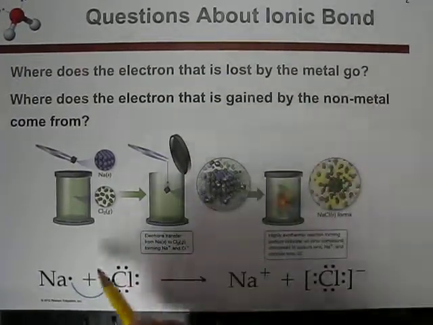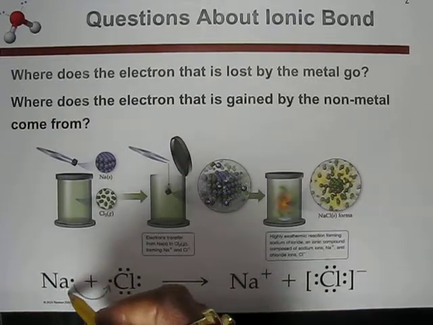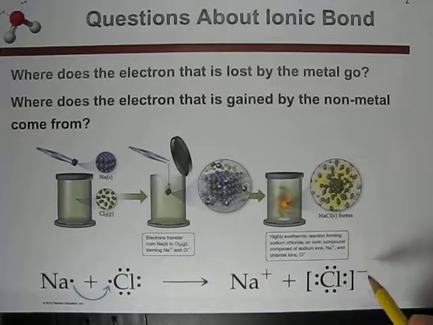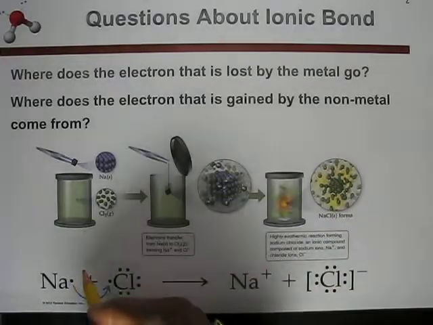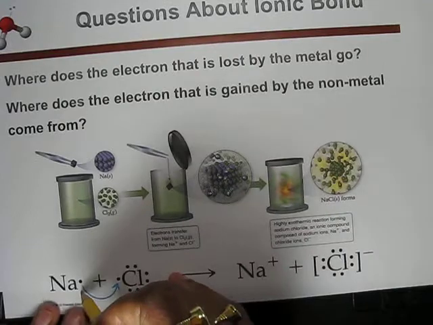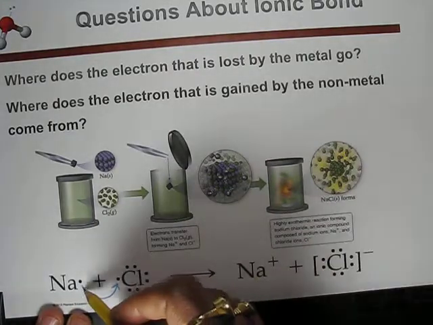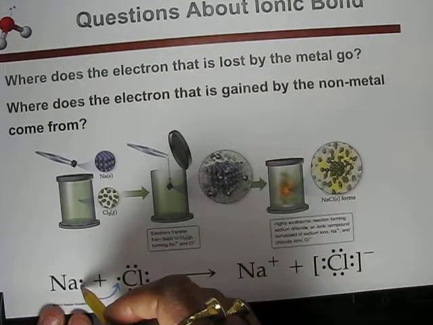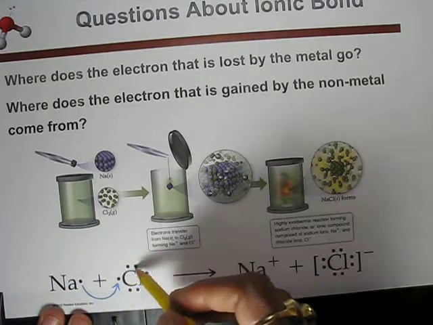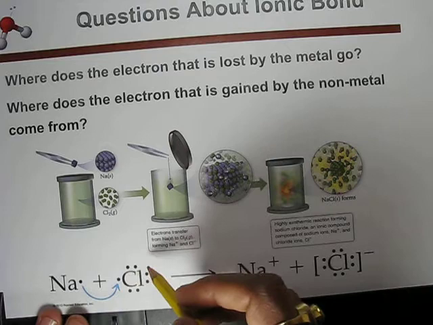It's very simple: sodium and chlorine form a sodium ion and a chloride ion. This shows the sodium metal, the sodium atom, and this one dot shows the valence electron, which is the 11th electron, and chlorine has seven outermost electrons.